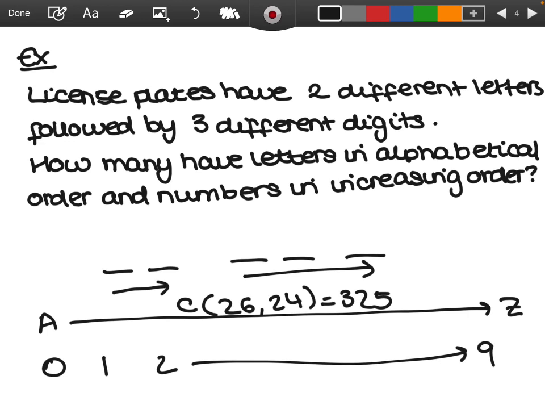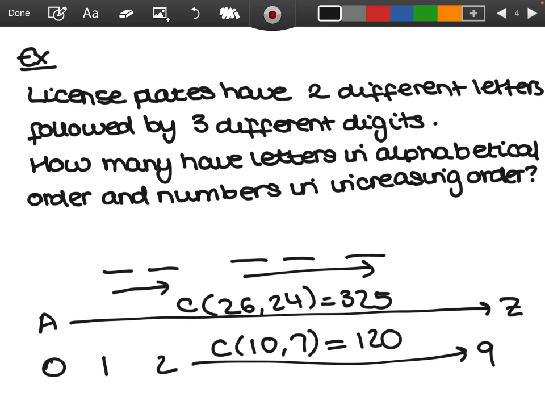Then I've got the numbers 0 through 9, so there's 10 digits. I need 3 of them in that order. I'm going to look at the number of ways that I can remove 7 of them out of the 10. Doesn't matter what order, therefore, I remove them in, as long as I have removed 7 of them.